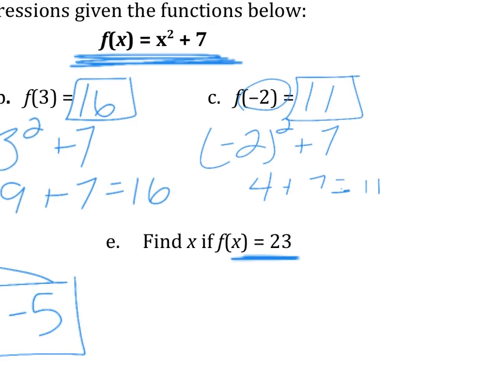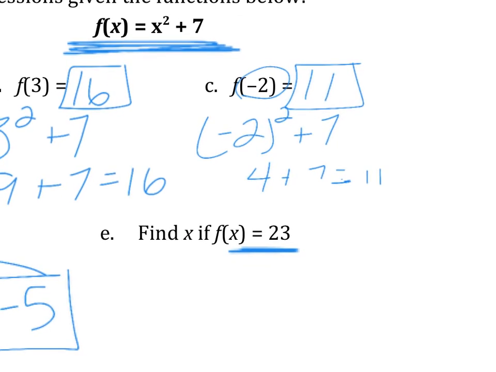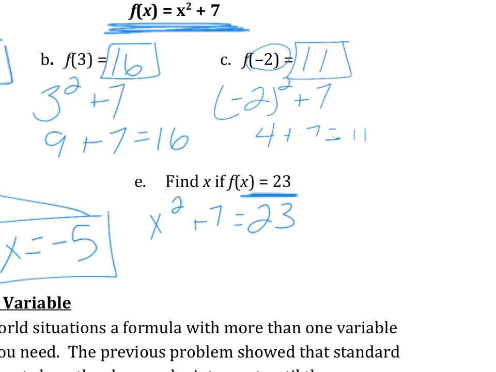For the last problem, we're going to do the same thing, but now with function f. So we're taking x squared plus 7 and setting that equal to 23. So again, I'm not going to kind of guess and check. I'm going to solve algebraically. So I'm going to take 23 minus 7, and I'm going to get x squared now equals 16.